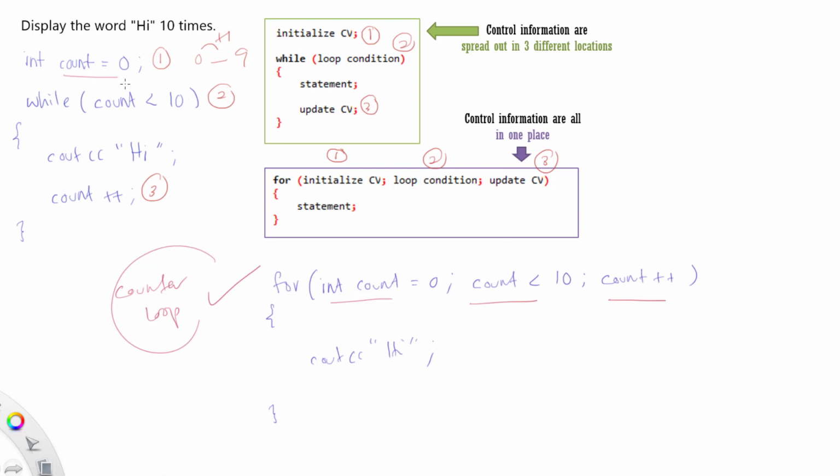Sometimes if you place them in different lines, you tend to forget or misplace one of the statements. But with a for loop, you must have all three statements inside one line to make your looping work. You would need your initialize, your evaluate, and lastly your update. So that's the difference between a while loop and a for loop. It does the same thing, except this is done all in one line.